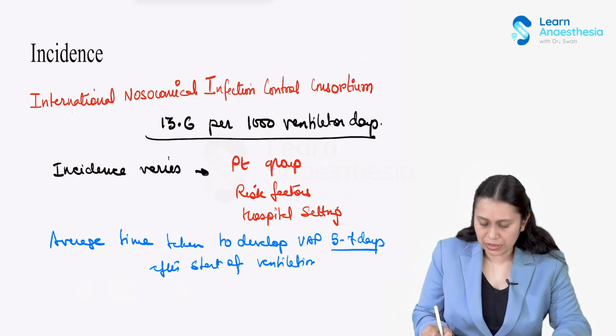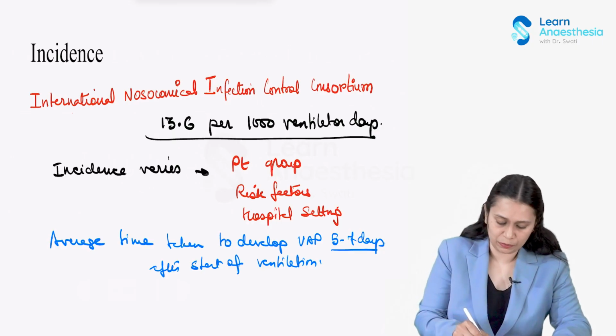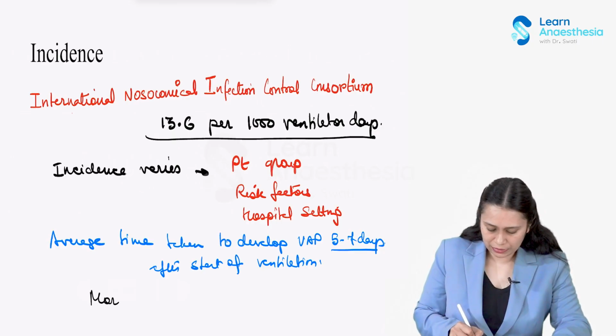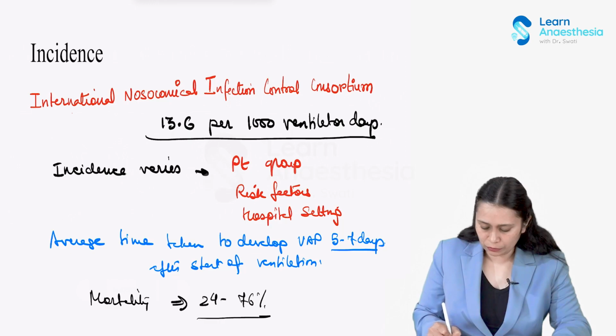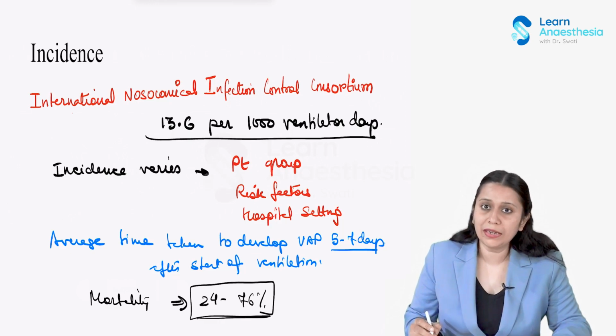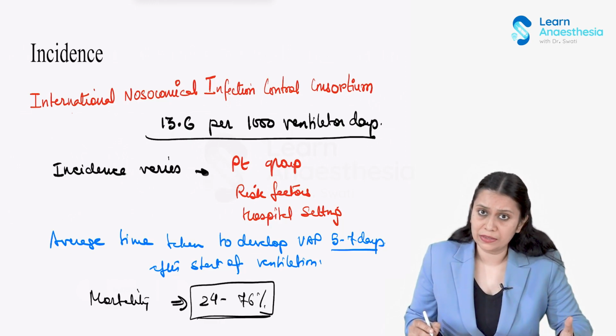And mortality is found to be 24 to 76% in different settings. Patients in high risk groups have a high mortality, varying from 24 to 76%.